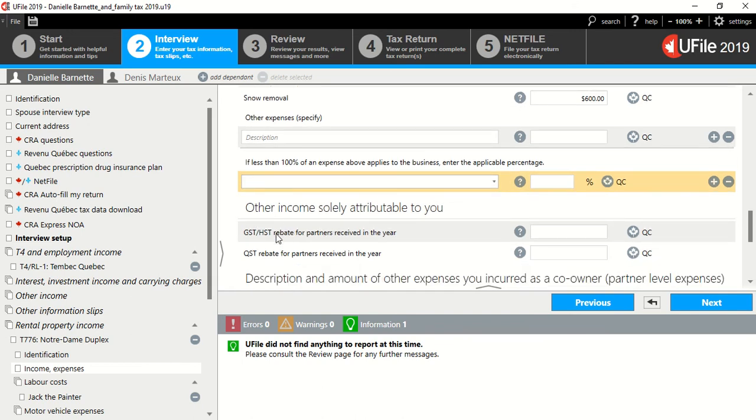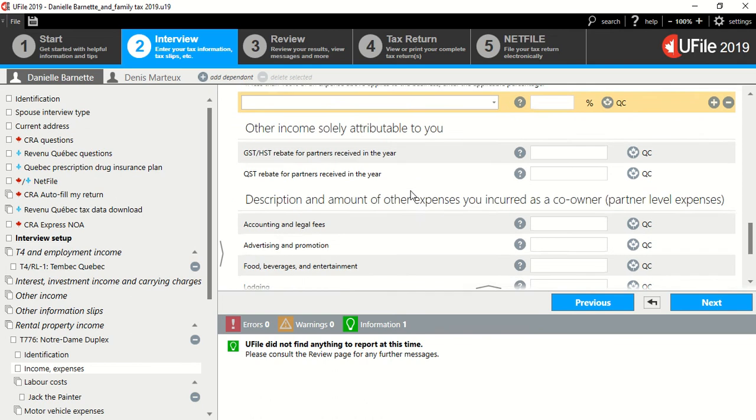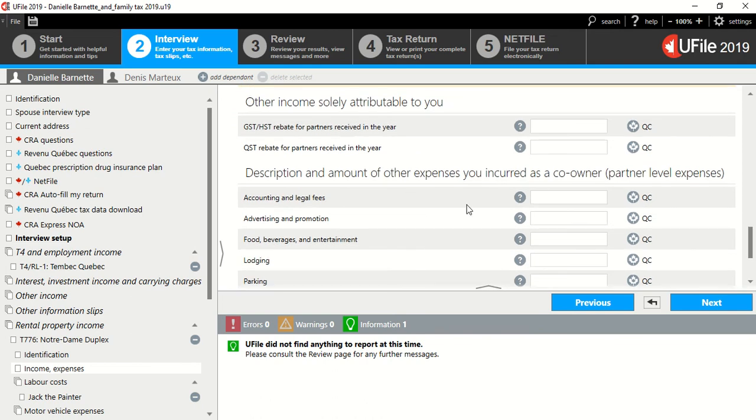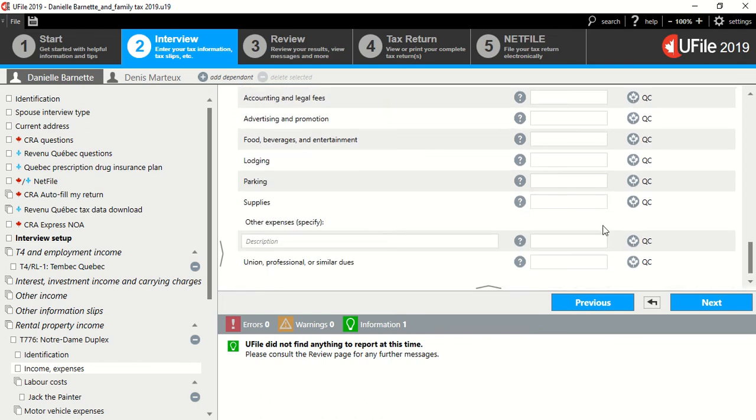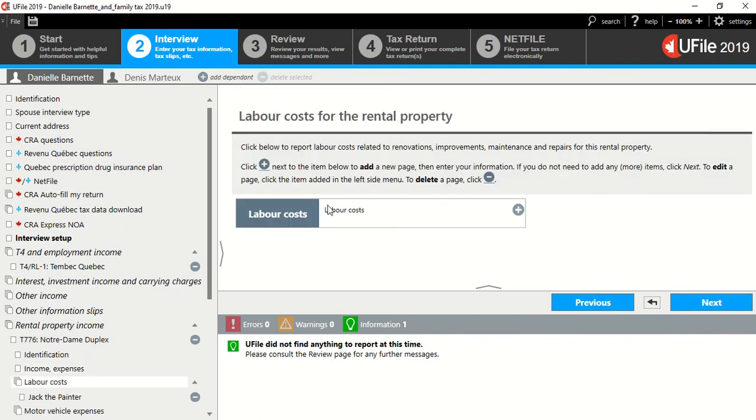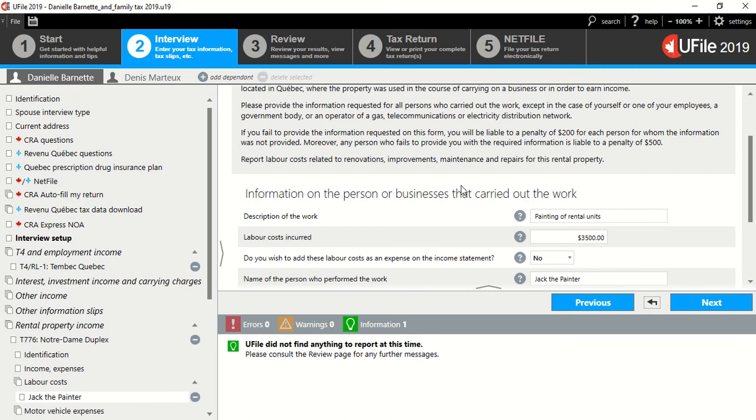Business GST, HST, QST rebate for partners. Again, this solely applies to a property that's held in a legal partnership, and this is very, very rare. This is partnership stuff. This is very particular. In Quebec, if you paid somebody to do repairs on your property, either someone or a company, you have to identify them here.